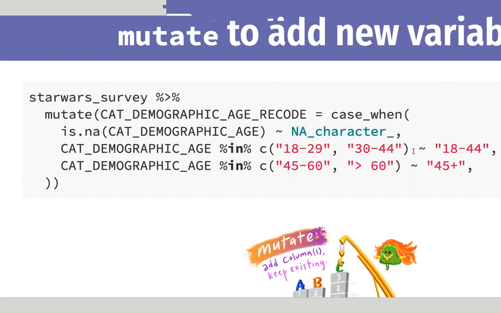And then if my categorical age is either 18 to 29 or 30 to 34, I'd like my new age to be 18 to 44. And if my old age was in 45 to 60 or greater than 60, I want my new age to be 45 plus. So I've essentially recategorized my age variable to be either 18 to 44 or 45 plus. So I've reduced the categories there.